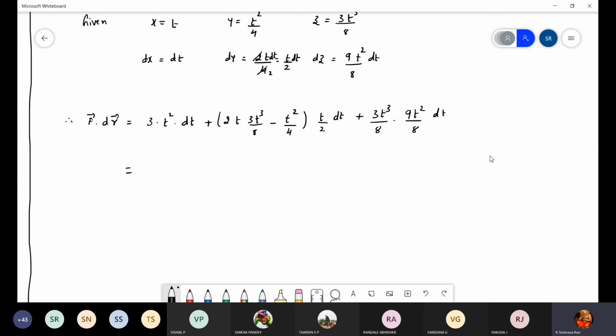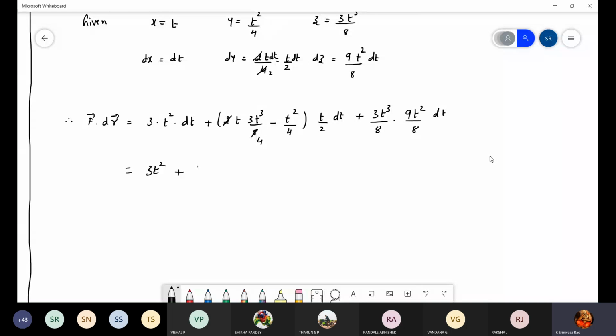So dt is common. You can take it common and step by step I will write 3t square. What is the second term? Plus, see here, 2 and 4 cancel. And here t by 2 I will multiply.